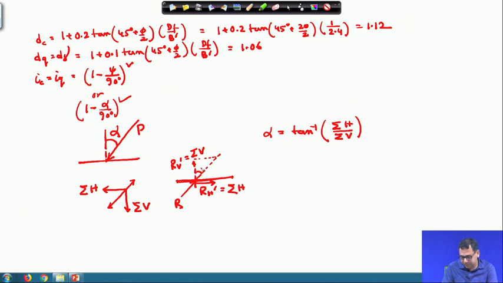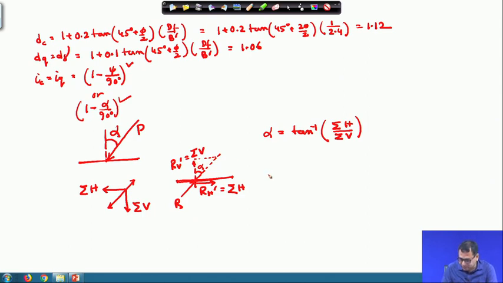This is alpha; this is the summation of all horizontal forces acting in this direction, and this is the summation of all vertical forces acting in this direction.